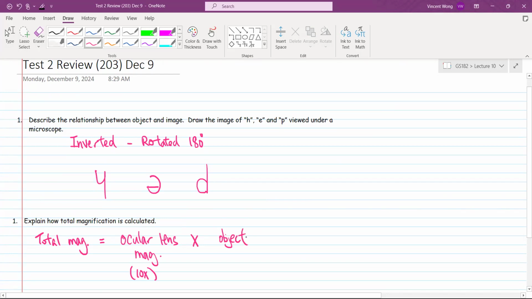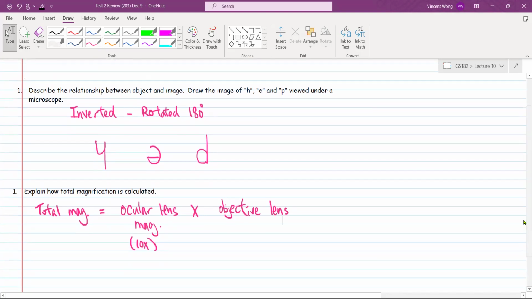Objective lenses are the lenses that you can rotate at the bottom. If you remember the microscopy lab, there are 4, 10, and 40, right? So you just multiply both of them, and you're going to get your total magnification. All right? So that's pretty straightforward.